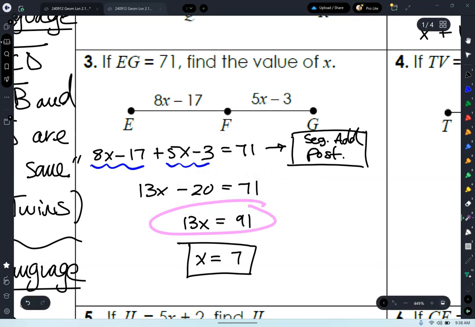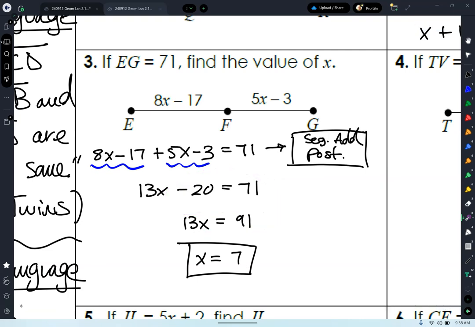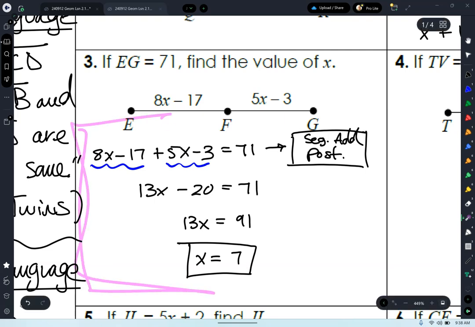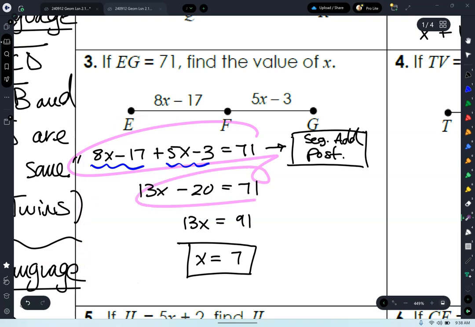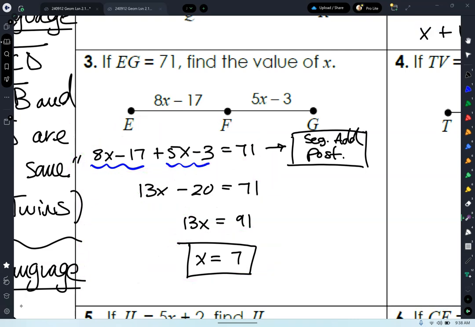I don't need to see that you're dividing by 13, and I absolutely do not want to see long division on the side of your paper. That's what you have a calculator for. That's why I let you use a calculator. Okay, so keep your work neat and clean. You don't need any extra stuff in there. Just move from one equivalent equation to the next. Just that simple. Okay?